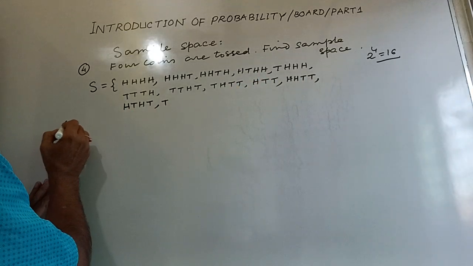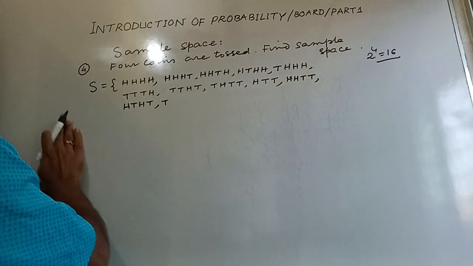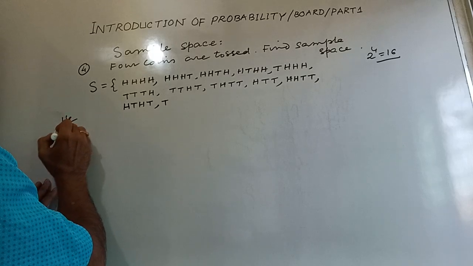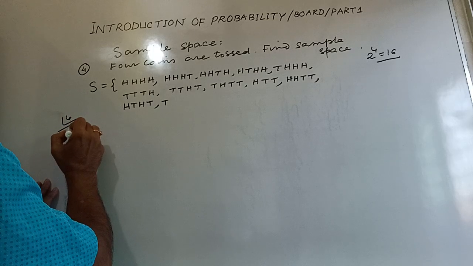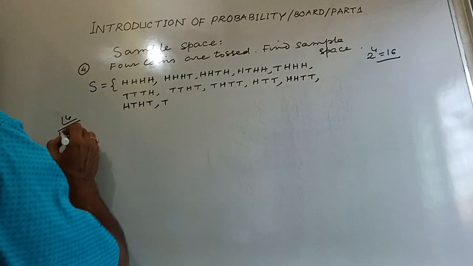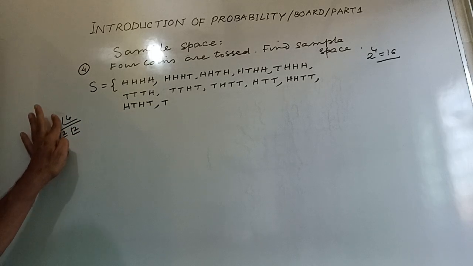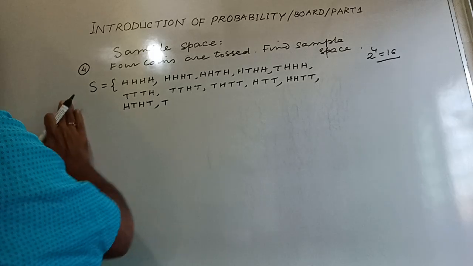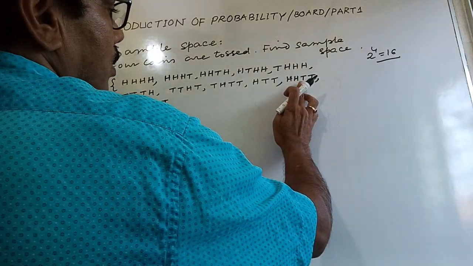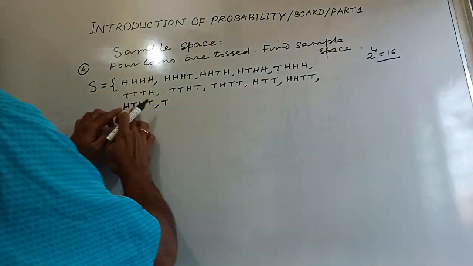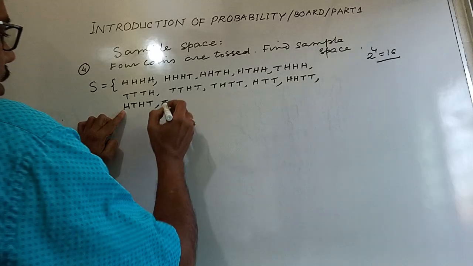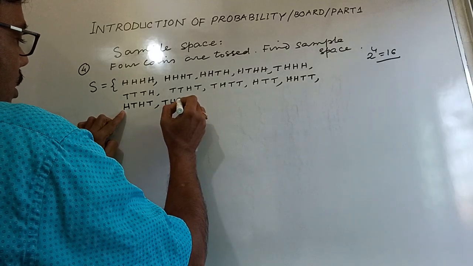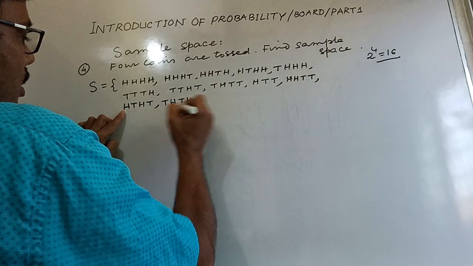You know 4 total, then 2 head, 2 tail. This is the result of combination: 24 by 4, so 6 possible cases. HHTT, HTHT, THTH.